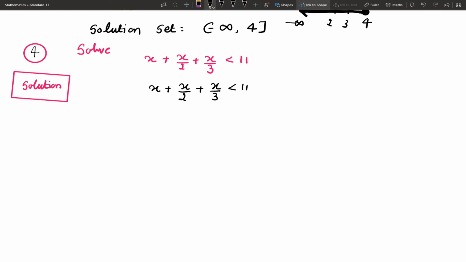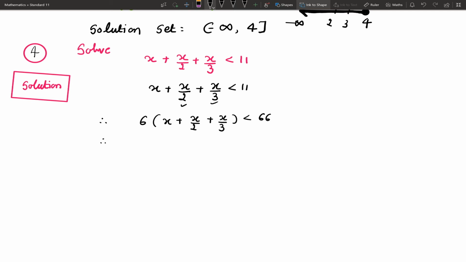You take LCM of 2 and 3, that is 6. So we multiply it throughout by 6. So 6 into x plus x by 2 plus x by 3 less than 11 into 6, that is 66.